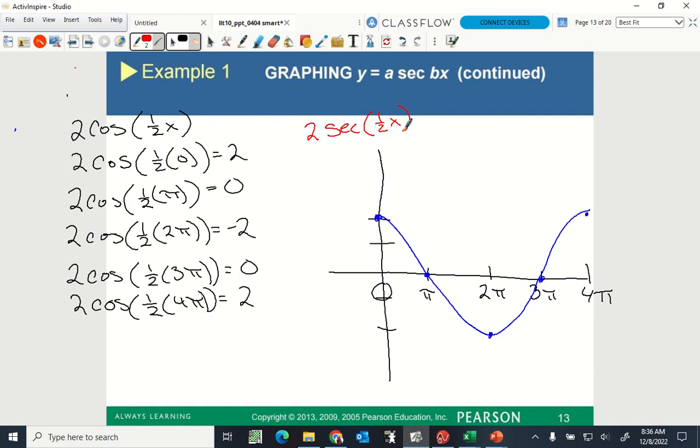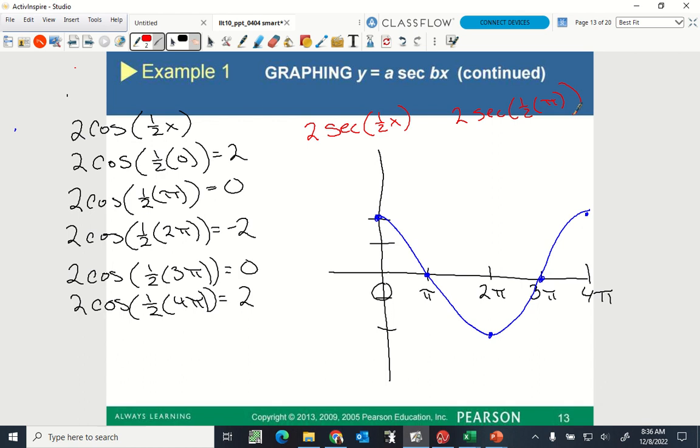So right here, at pi, because that's going to be my 0, I'll show you this. So 2 secant 1/2 pi. That's pi over 2, right?